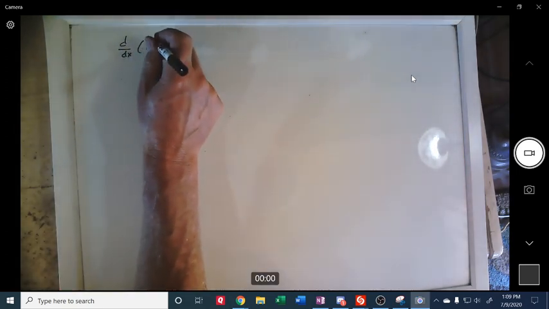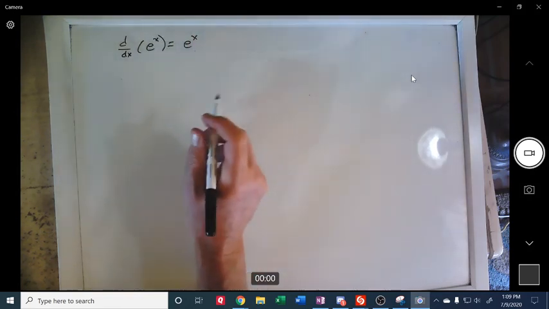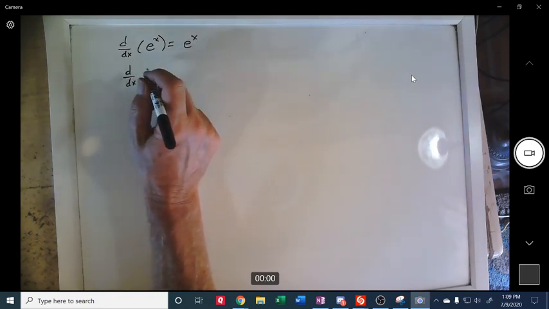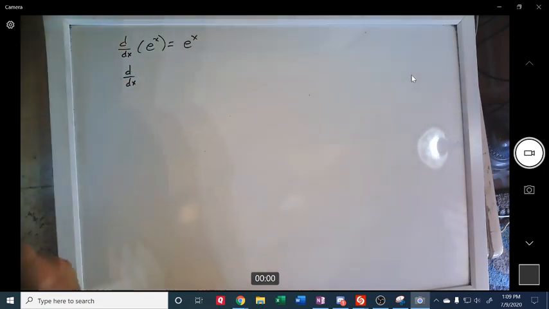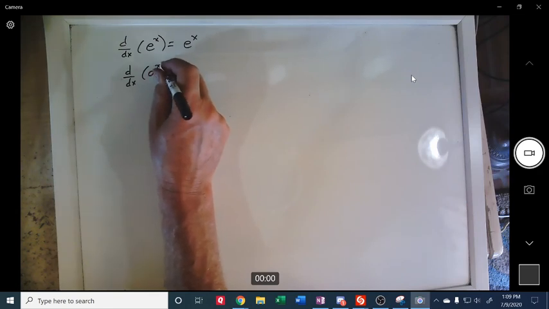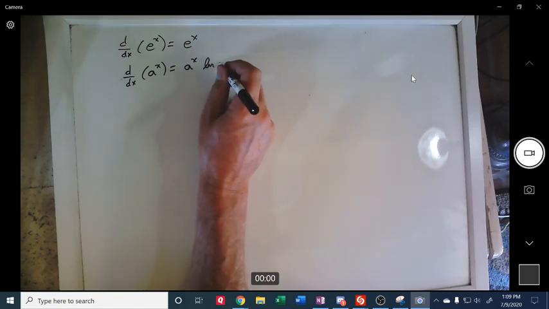All right. So we started out with this rule. And then we moved to this rule. d dx of a to the x is a to the x ln a.